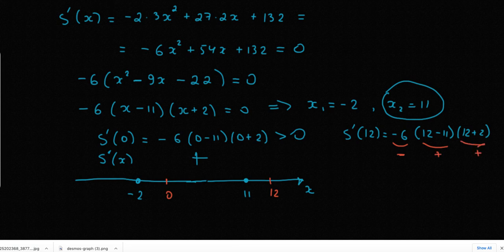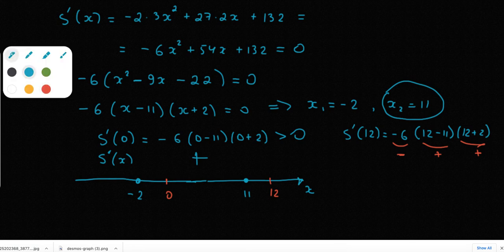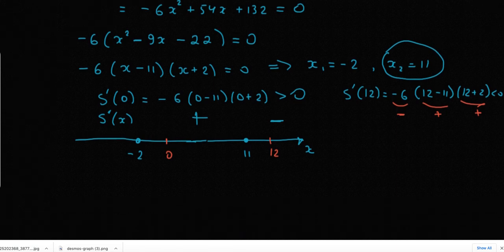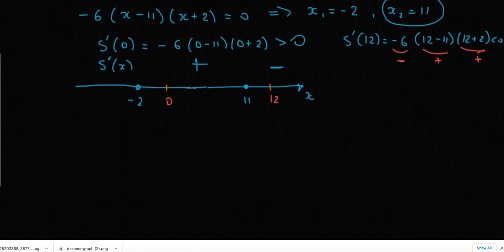And so overall, this value is going to be negative. And that tells us that the derivative of s of x, the sales function, is going to be negative on the third interval.